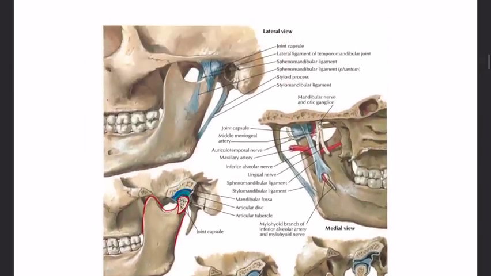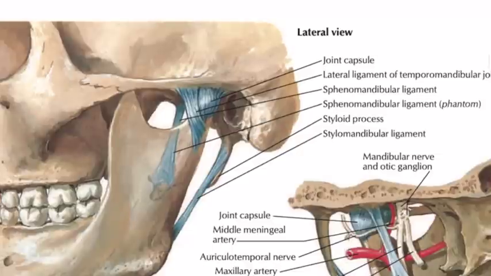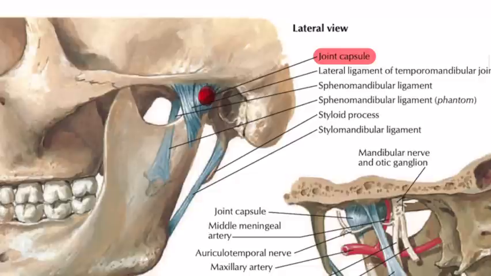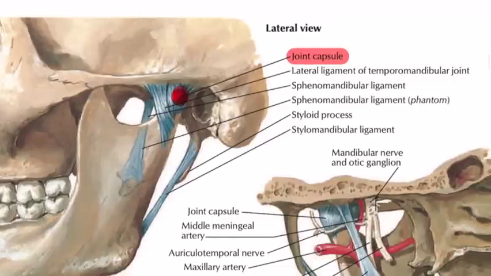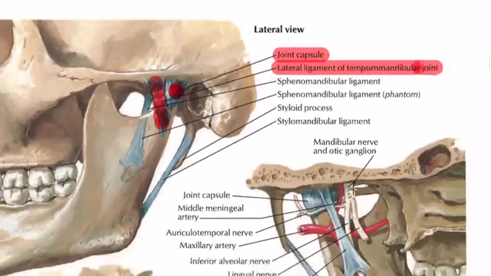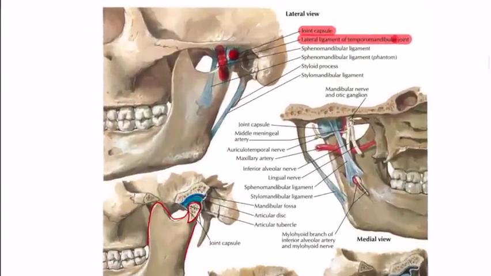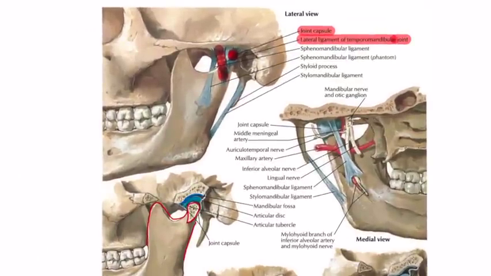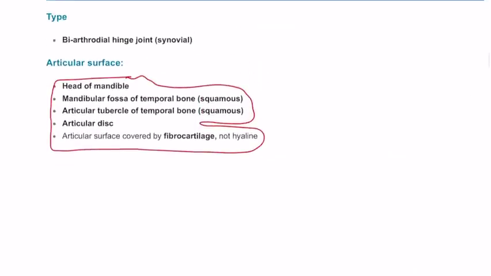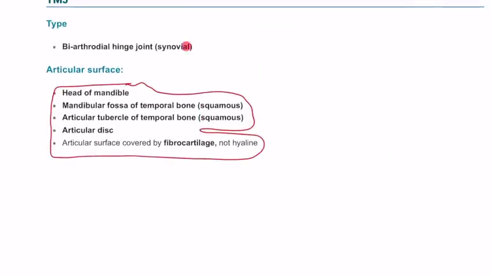Here you have a joint capsule on this side, and also the lateral ligament of the temporomandibular joint, which is this area as well. The structures are the head of the mandible, the mandibular fossa, the articular disc and the articular tubercle, and it's called a hinge joint, a type of synovial joint as well.